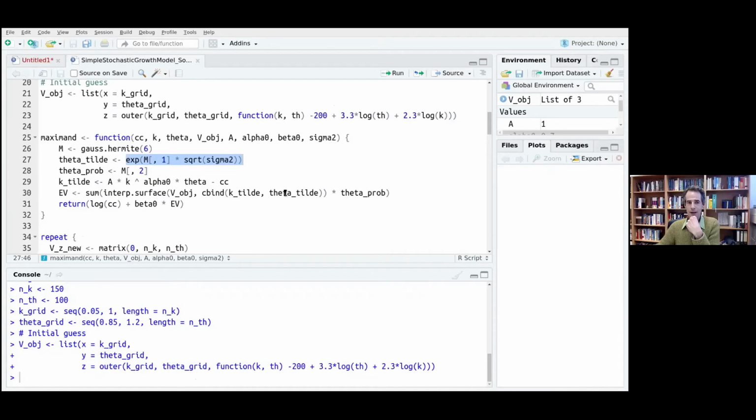In general. Yes, which then is a number. Absolutely right. So we have this very complex object of the value function here with 15,000 points, and we only interpolate that, or evaluate that, if you like, at 6 different points. But of course, we do that for all pairs of capital and technology, so for all 15,000 points.